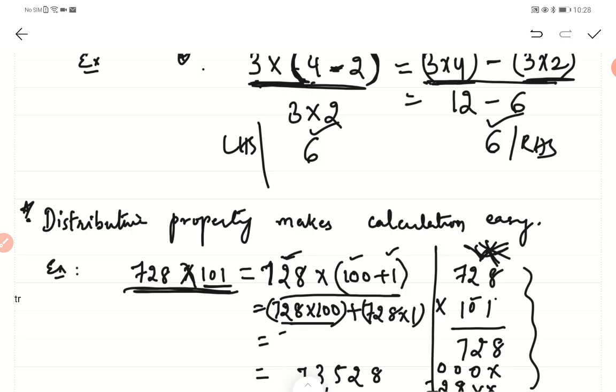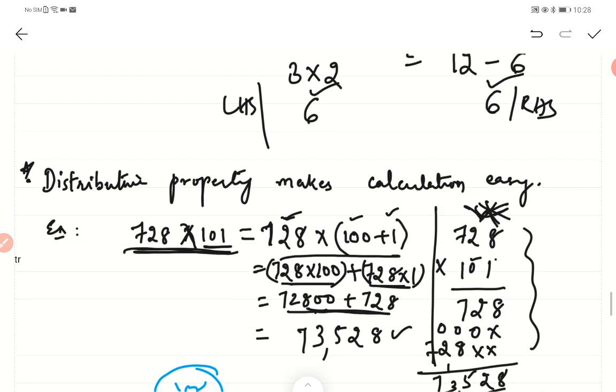So this will give you 72,800 plus 728, which is also very easy to multiply. When you add these two, you will get your answer very easily.